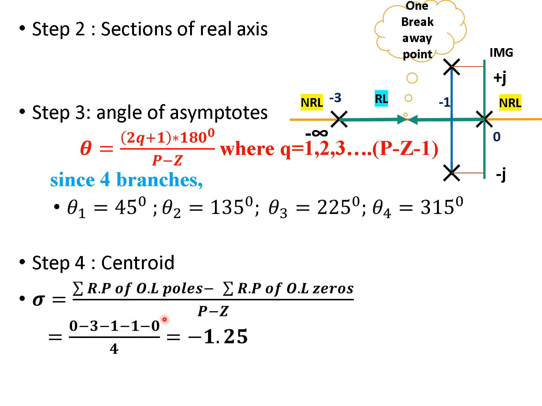Since there are no zeros in the system, we take it as 0, divided by p minus z. The number of poles is 4 and the number of zeros is 0, so the denominator is 4. If we solve, the final answer for the centroid is minus 1.25.